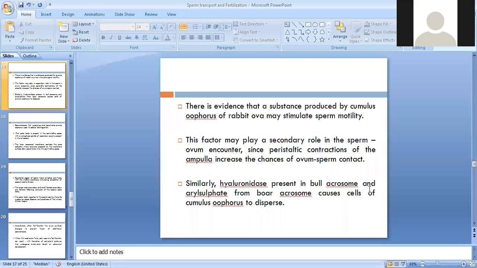Similarly, there is the hyaluronidase enzyme present in the bull acrosome and aryl sulfate in the boar acrosome. These also help in dispersion of cumulus oophorus cells, because there is one layer called cumulus oophorus cells. So the sperm has to penetrate through those cells so as to reach the ovum.